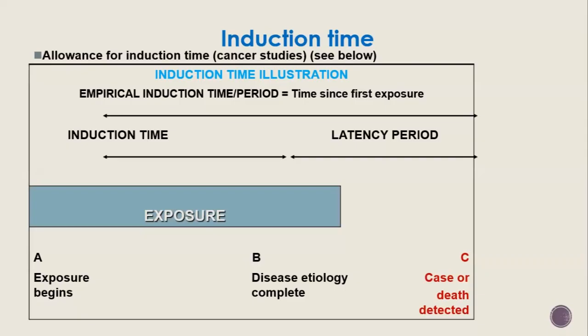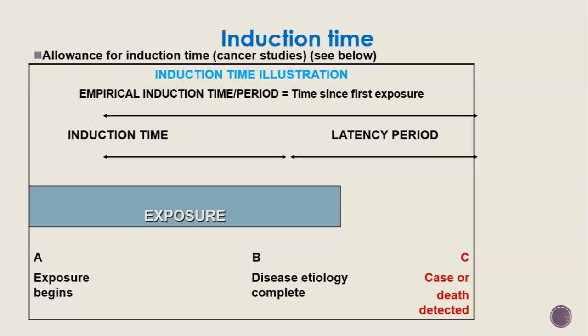So when we talk about occupational and environmental diseases, especially those due to chemicals, we don't talk about incubation period. We talk about induction time. We talk about latency period. And we talk about empirical induction time or period.